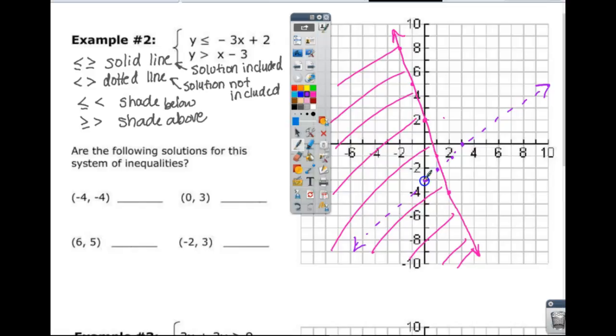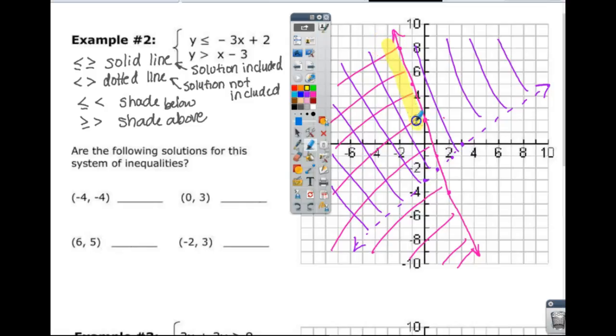If I shade above the purple line, it goes this way. So where does it overlap? Do you see the purple and the pink? Here's where it overlaps, and this is your solution set in here.